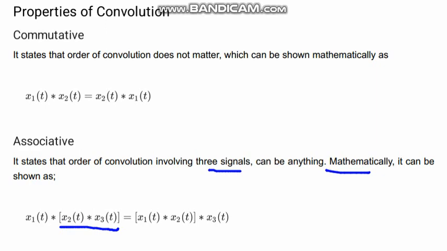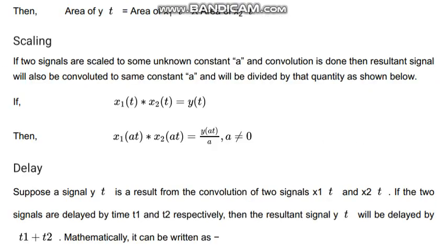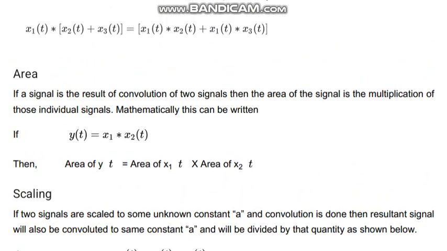So just shifting the bracket from here to there will not change the result of the convolution. So it's also a type of property here.